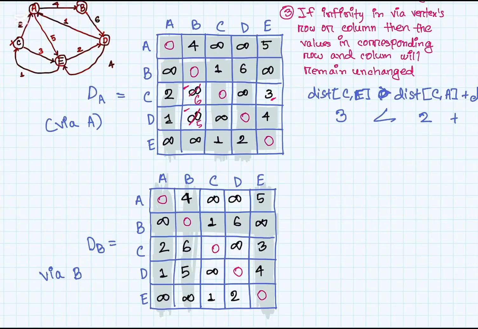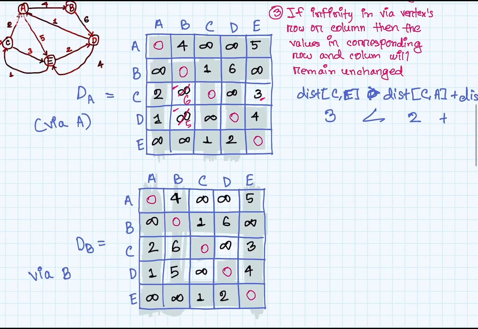And since in the column of B, here we got an infinity, so the corresponding row will remain unchanged. And the values in the diagonal cells will not be changed, so we'll highlight this cell and this cell also. Now let's calculate the remaining cells value.